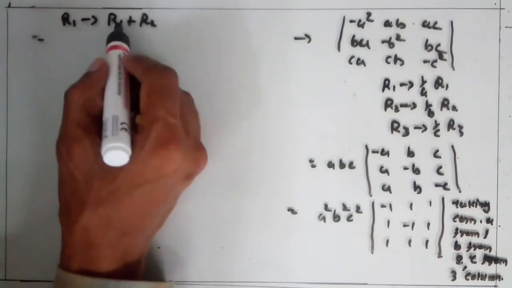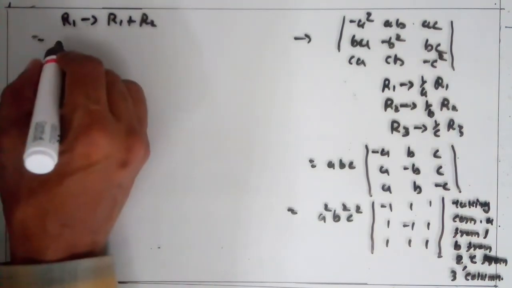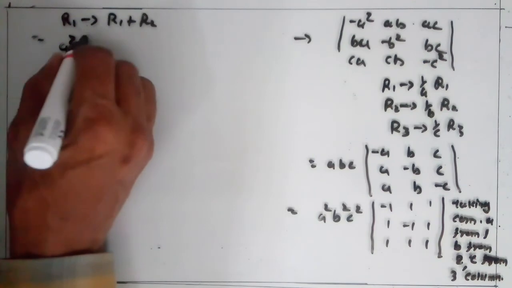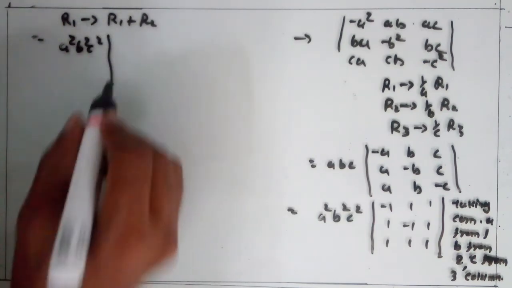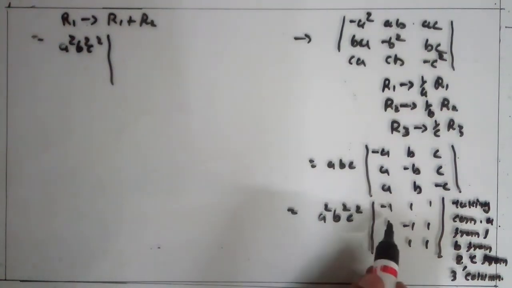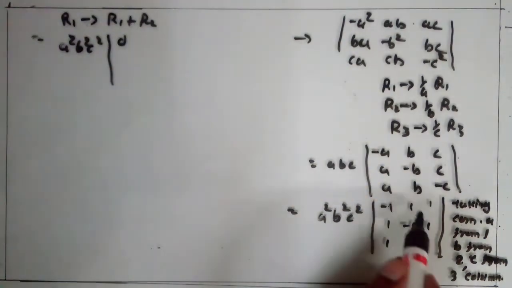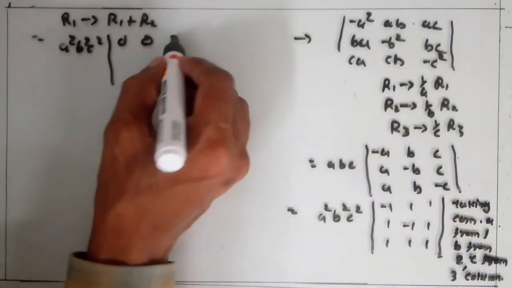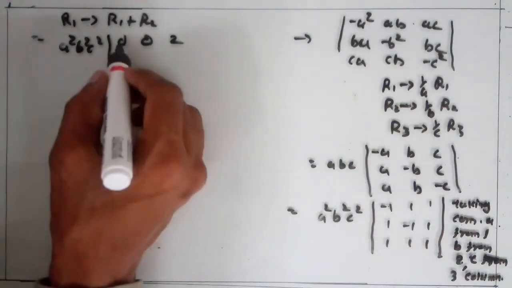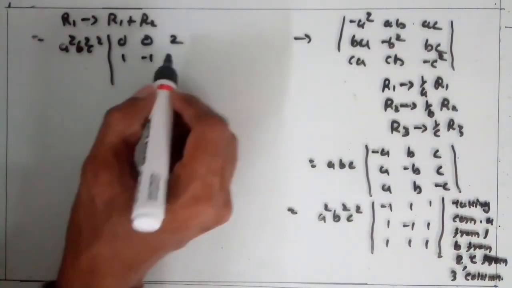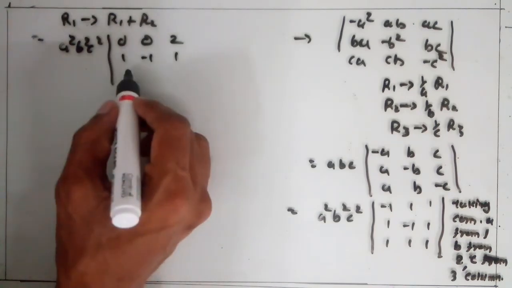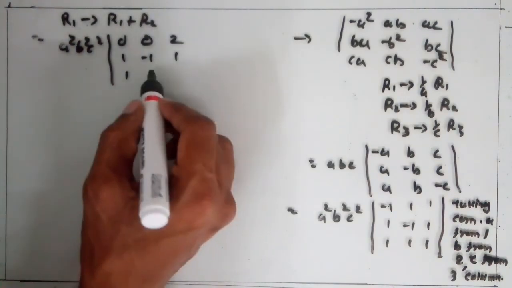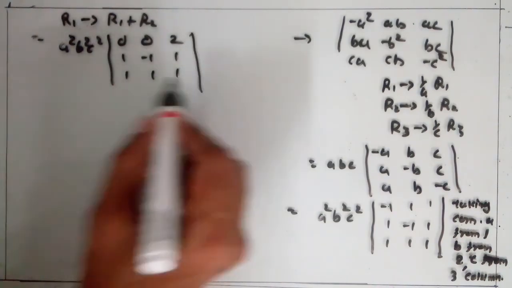Here we get x square, b square, c square, write the same. Minus 1 plus 1 becomes 0, 1 minus 1 becomes 0, 1 plus 1 becomes 2. Here write the same, 1, minus 1, 1. Here 1, 1, 1.